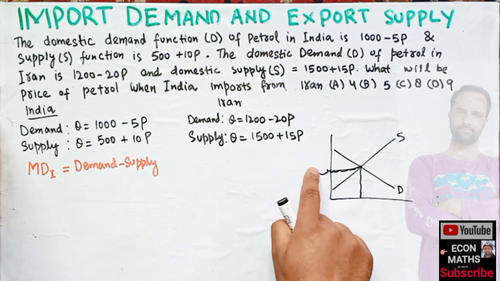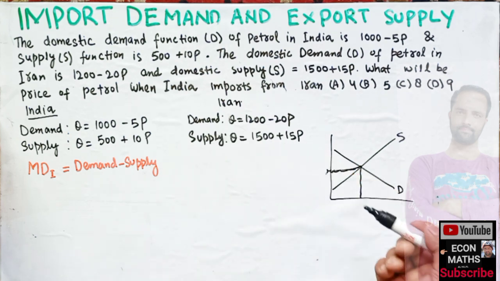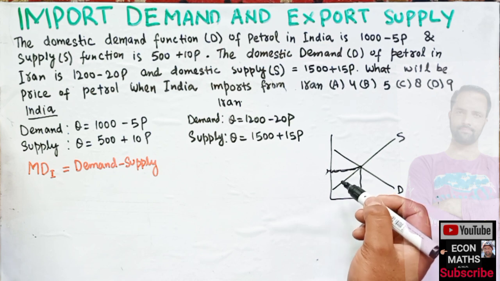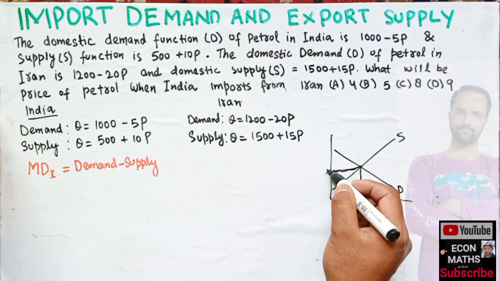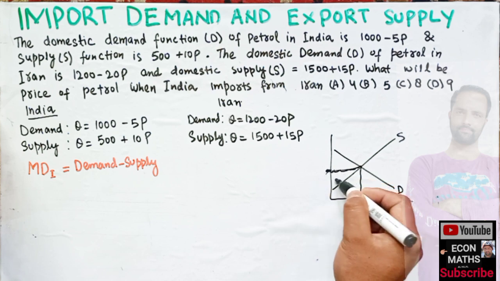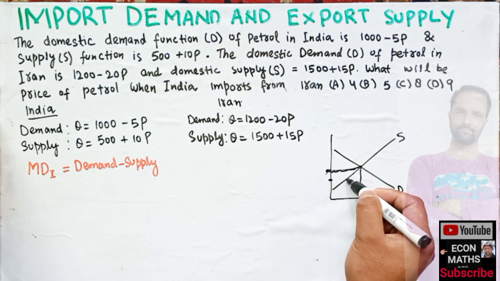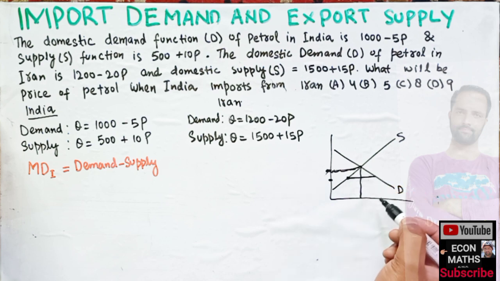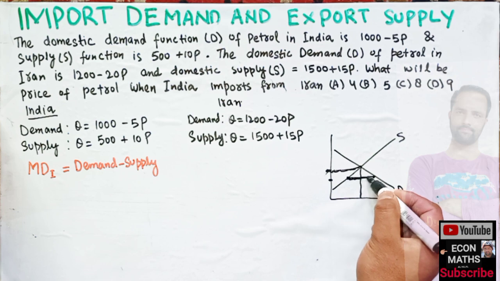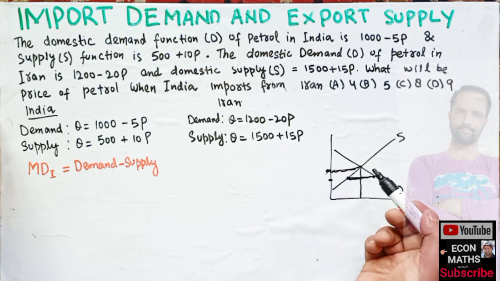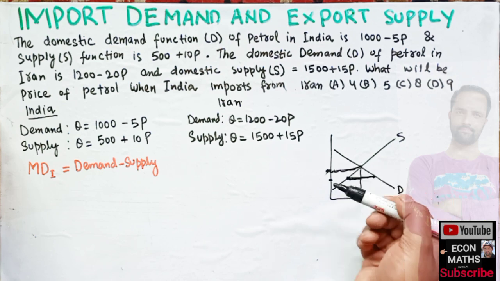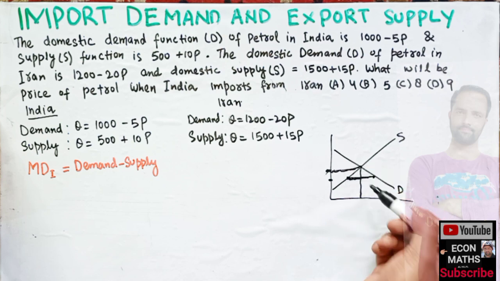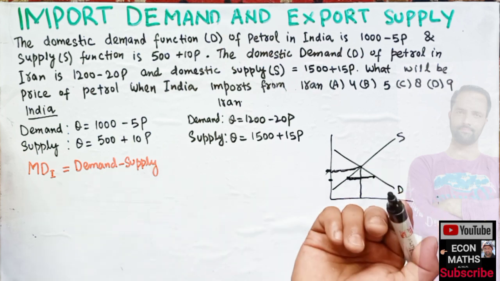Our import demand schedule is given by demand minus supply whenever the price is below the autarky price. At a price below it, our supply is less and demand is more. So this is simply demand minus supply.